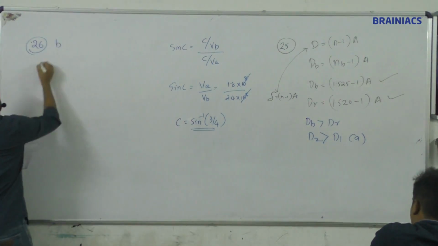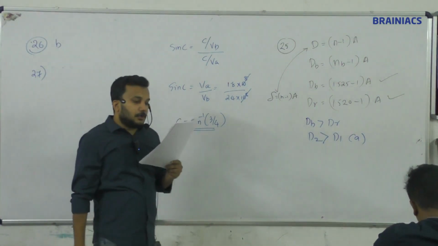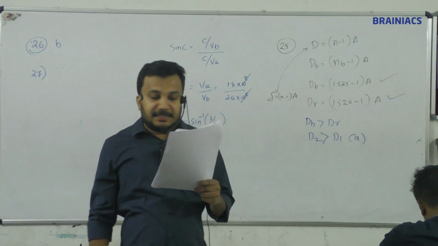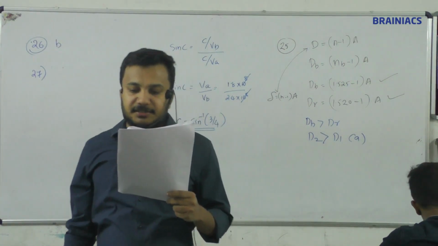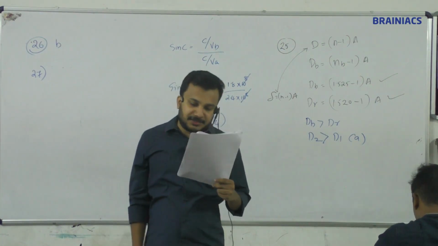Question number 27. A body is located on the wall. Its image of equal size is to be obtained on a parallel wall with the help of a convex lens.